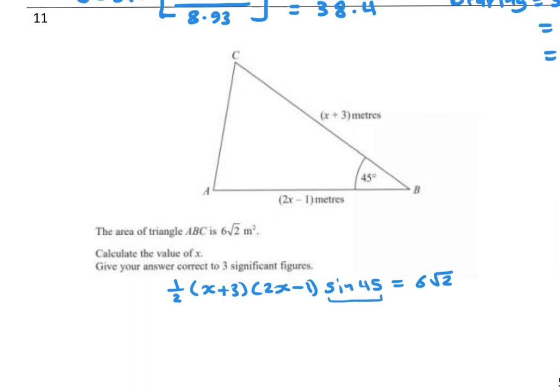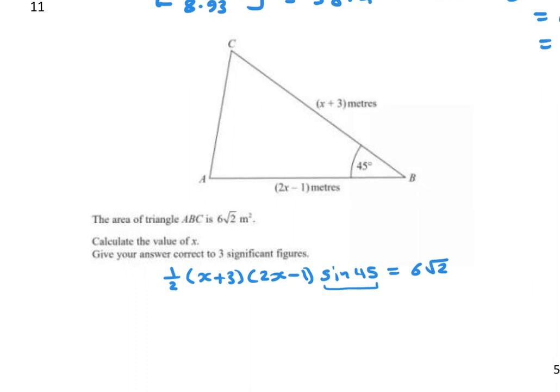Using your calculator, sine 45 times half will be root 2 over 4.